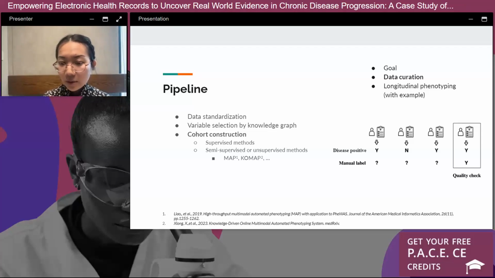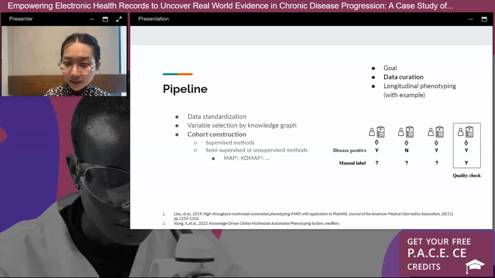And obviously, if you have a large amount of labels, meaning that for a subset of patients, you know exactly via manual review or whatnot that they do have that disease, you could use a supervised method.